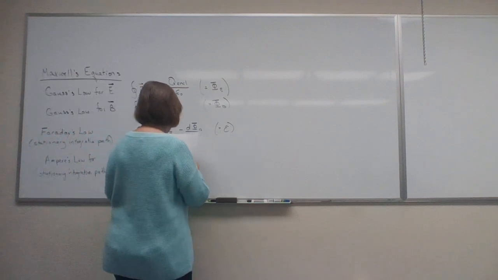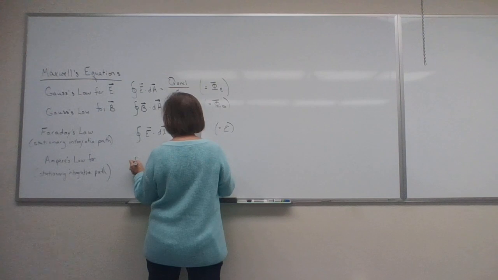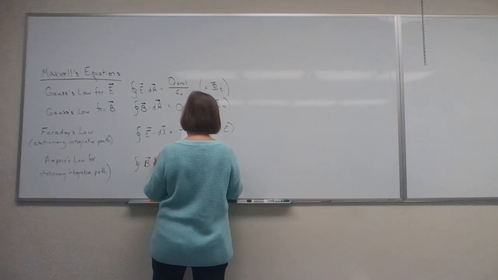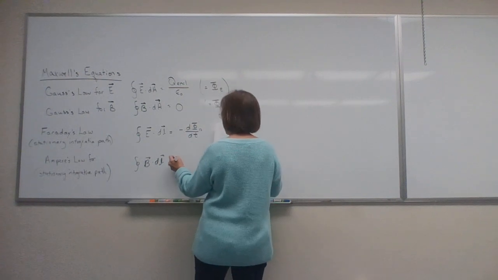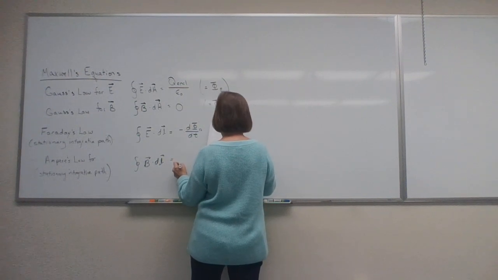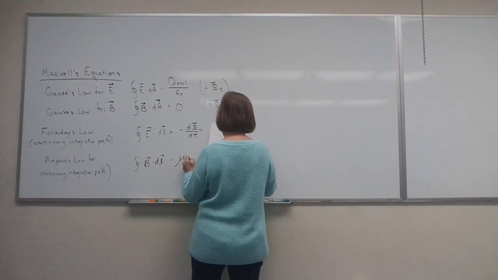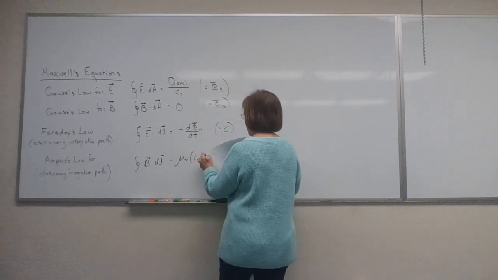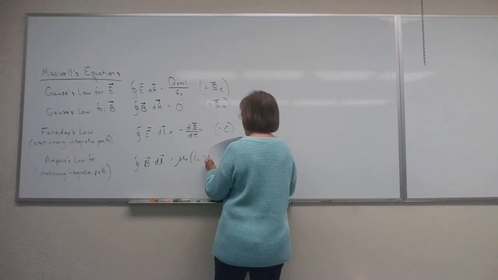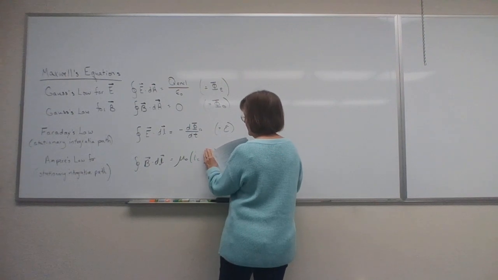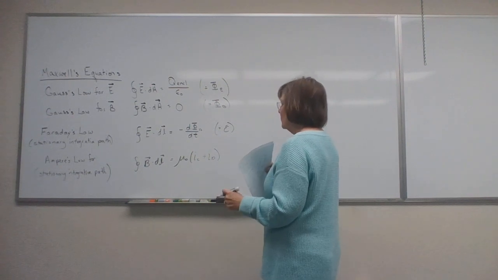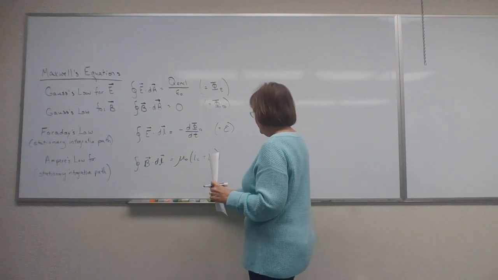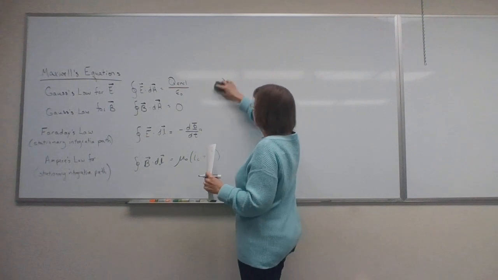And that says the integral of B dot dl, again, that's a line integral, is simply equal to mu naught times the conduction current or the displacement current. You'll either have this or you'll have this. You really won't ever have both. You can see all of the symmetry. I'm going to take this part off. That's not really part of the laws.